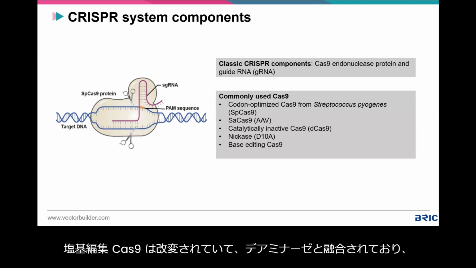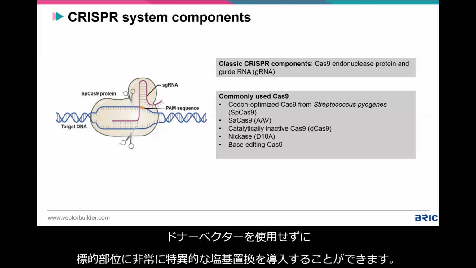And then there is the base editing Cas9, where the Cas9 enzyme has been modified and fused with deaminases to be able to introduce very specific base substitutions at the target site without the use of a donor vector.